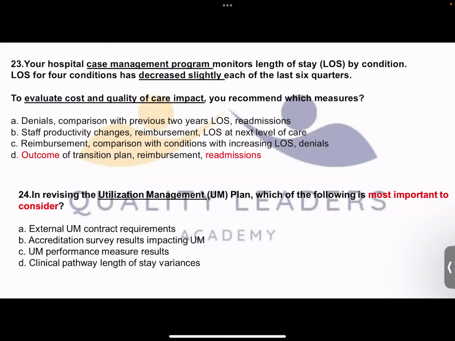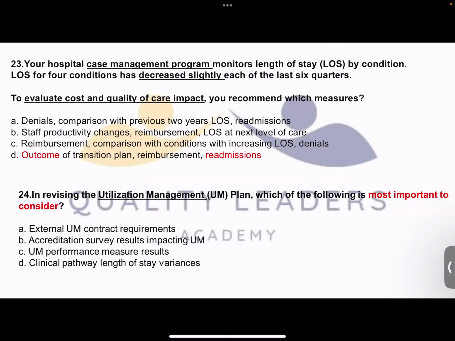To evaluate the cost and quality of care impact of decreasing the length of stay, the following measures that I will give you are crucial. The outcome of the transition plan, because this ensures the patients are discharged appropriately with a plan that meets their post-discharge needs, reducing the risk of adverse events or complications.